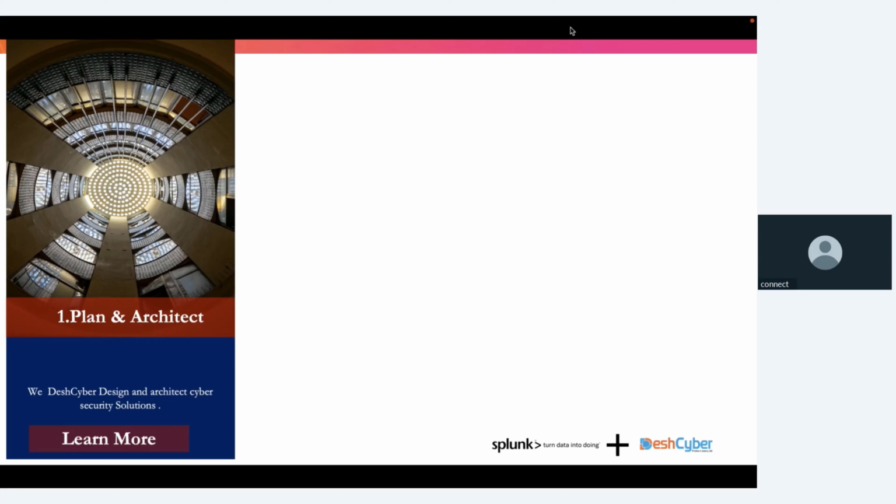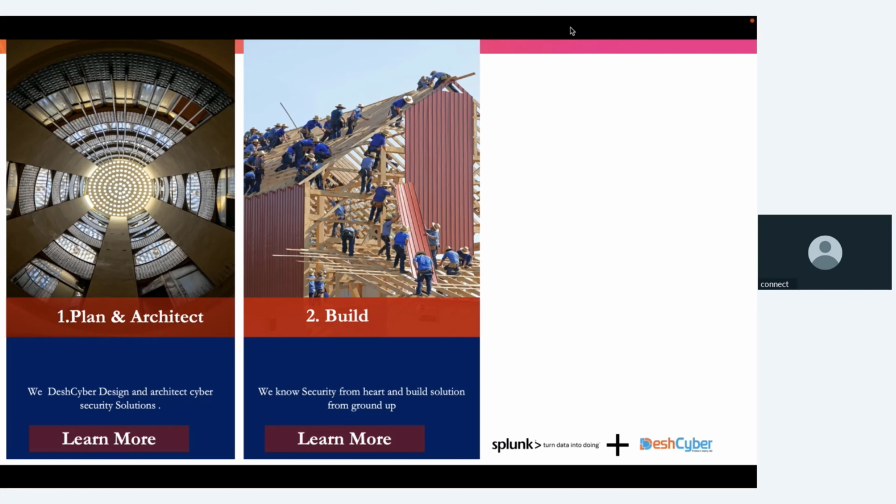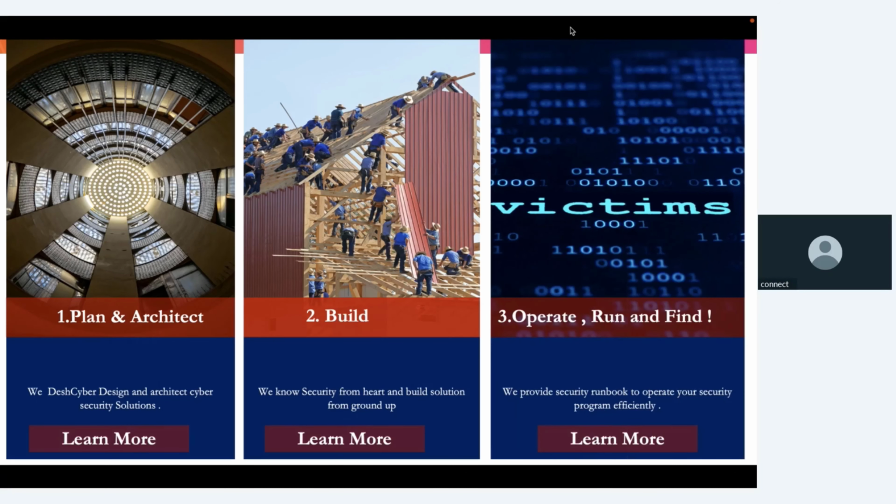We plan and architect any cybersecurity solution in Bangladesh and in North America. We not only plan and architect, we also build a cybersecurity solution, and we support and operate. That's our main goal of the business, and that's what we do for a living.